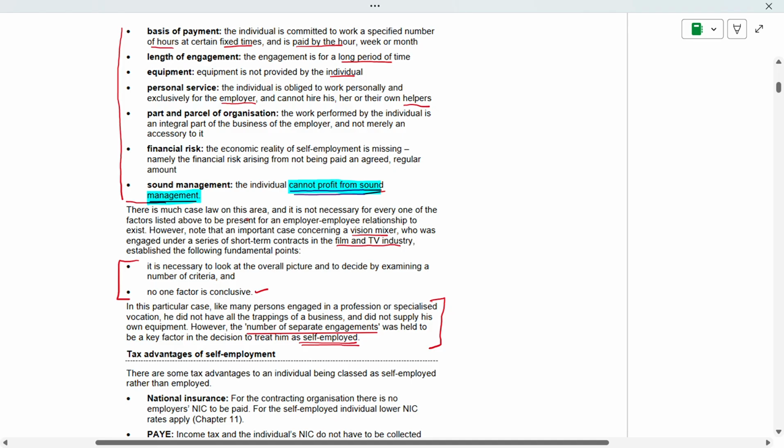Is that the number of separate engagements? Take an example. You are employing me, but I say that okay, I will get these things done on a separate contract basis. When you are doing it on a separate contract basis, you should not link it to your employees.